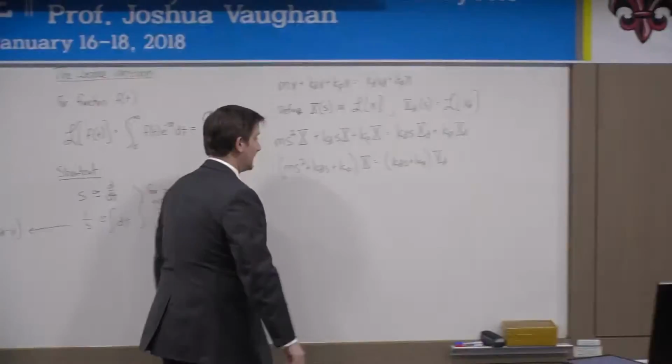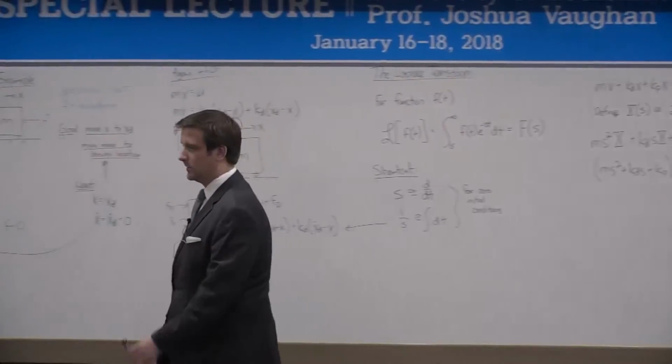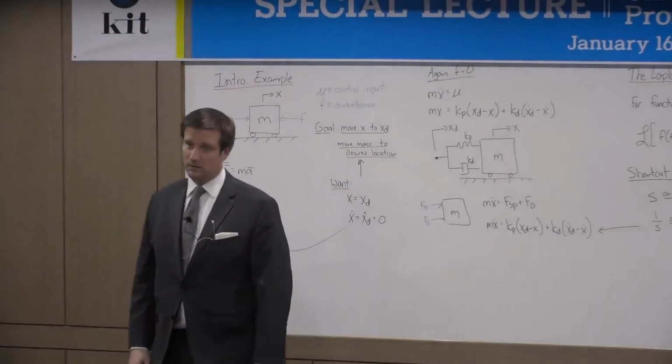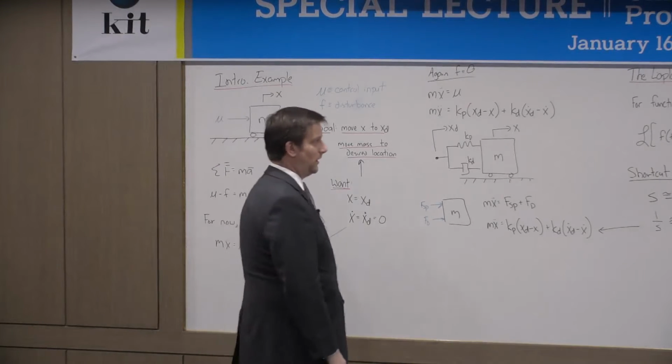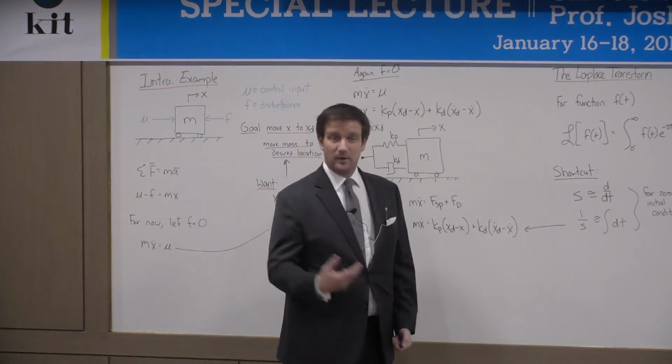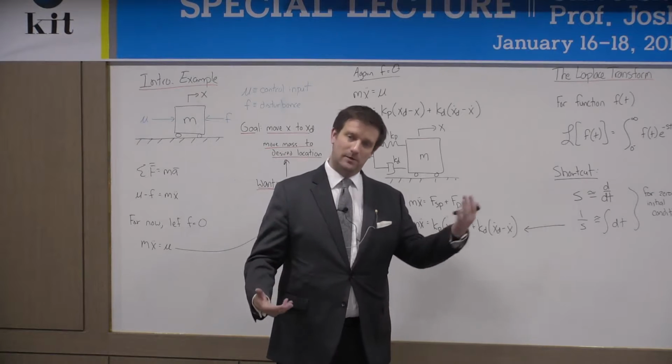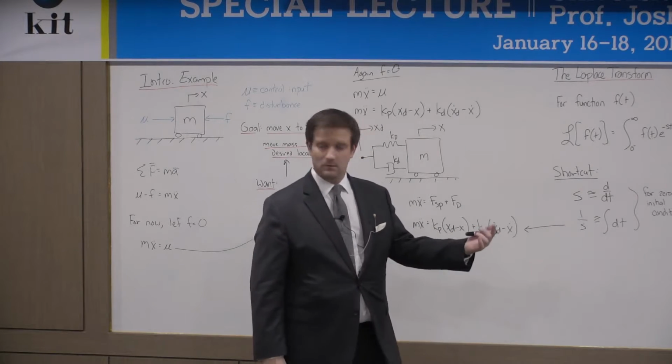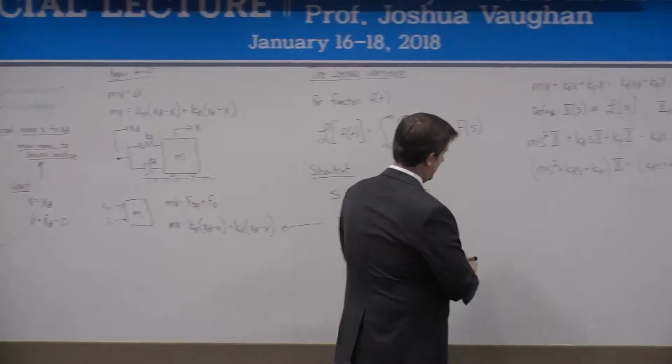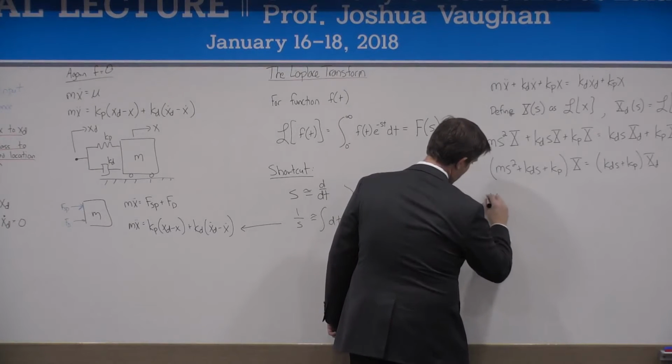Okay. And then what I can do is think about this equation in a slightly different way, right, given this controller. I can think about, given some kind of input xd, what's the output x going to be? Okay. So I could write it like this.